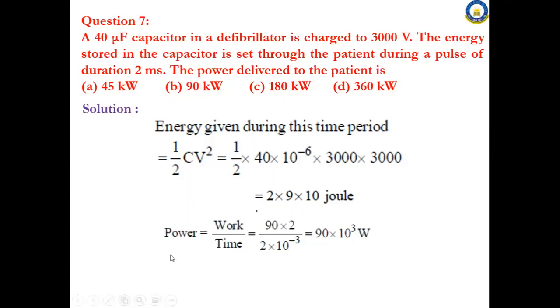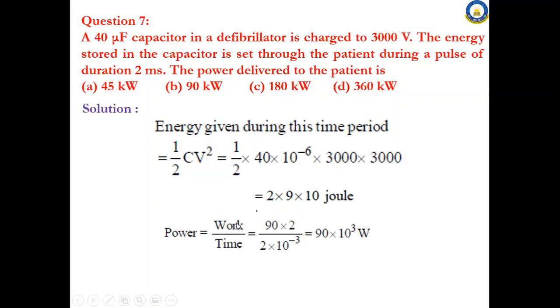Okay. Next, now the power. This energy stored is used to do the work on the patient, right, for a time of 2 milliseconds. Therefore, what is the power delivered to the patient? Work done by time taken.